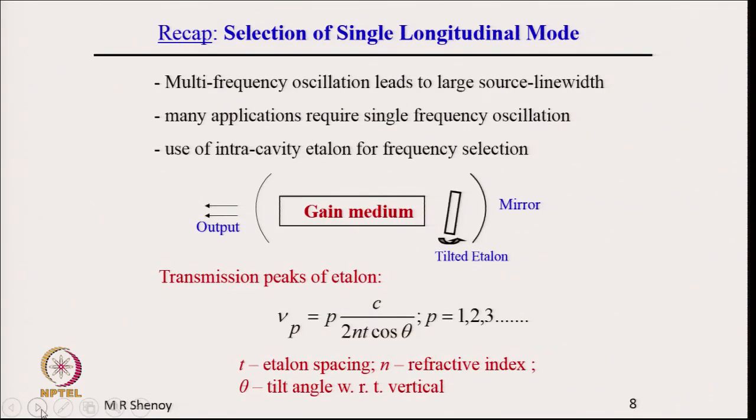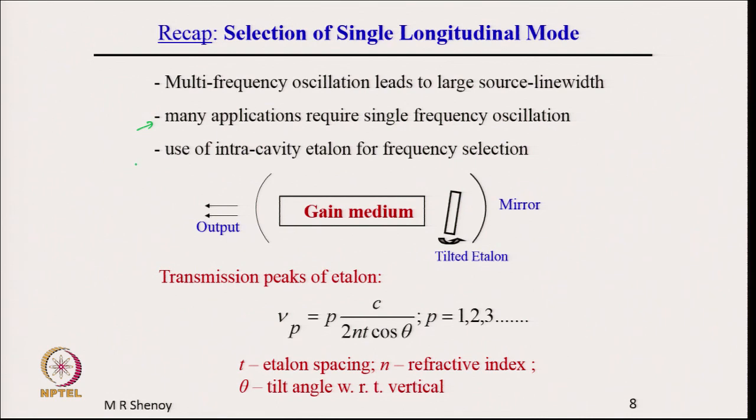Let us now go to another property of the laser beam. Recall that in the last lecture we had seen how to select a single longitudinal mode. Why did we want a single longitudinal mode? Because multi-frequency oscillation leads to large source line width, and many applications require single frequency oscillation.